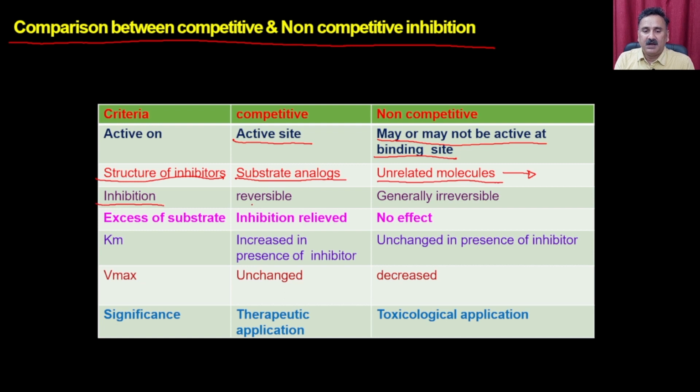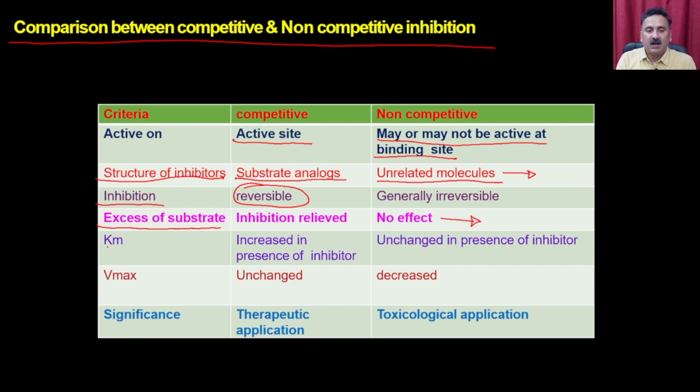Then inhibitions, in both the cases, are reversible inhibitions. If you add excess of substrate, the inhibition can be relieved in the case of competitive inhibitor, but it has no effect on the non-competitive inhibitor, and that's why the non-competitive inhibitors are more potent compared to the competitive inhibitors.